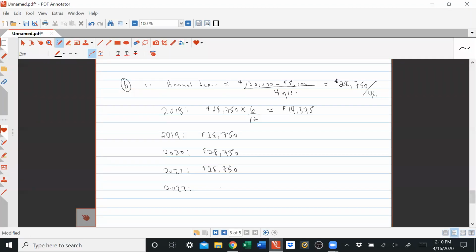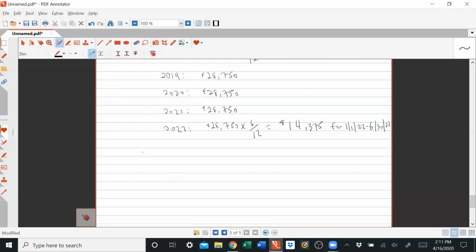So we actually only have the asset in 2022 for 6 months. So again, we would take the 12-month depreciation times 6 over 12. And this is for the period 1/1/22 through June 30th, 22. And this was for the period 7/1/18 through December 31st, 18. Hopefully that makes sense. And then finally, part 2, do the DDB method.